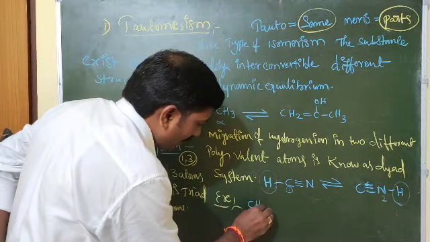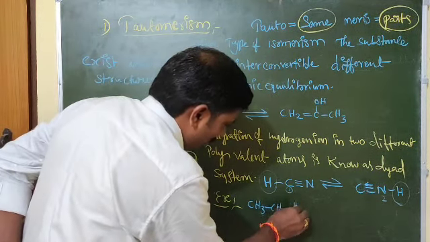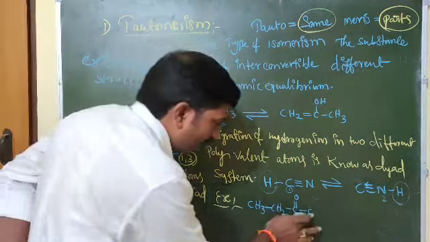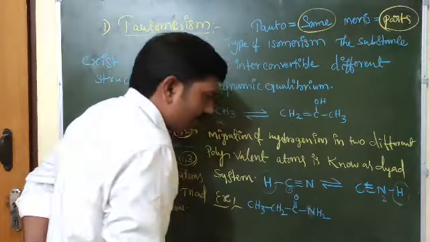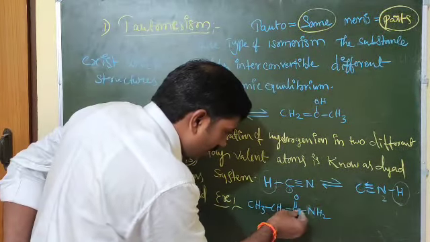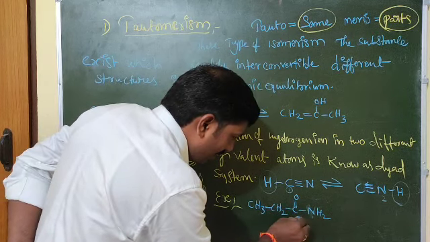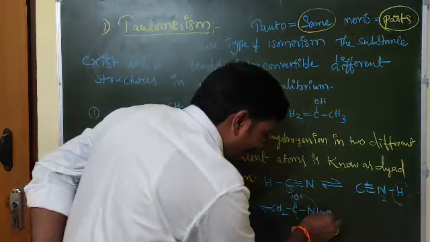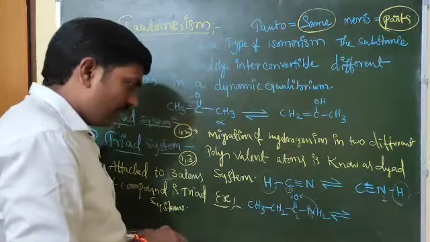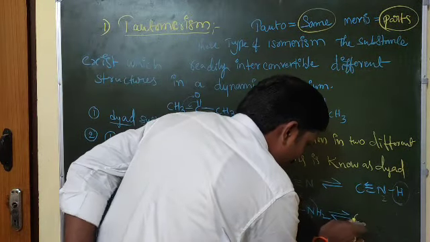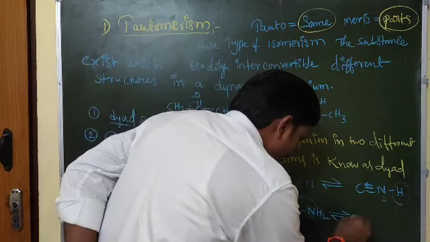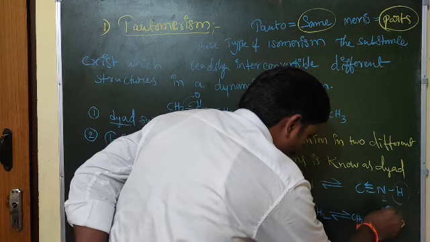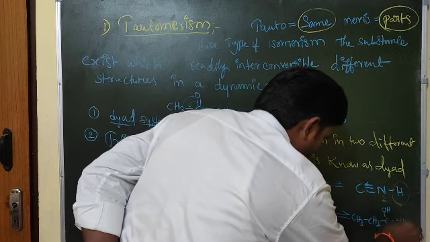For an example of the triad system, we will take CH3 CH2 C double bond O, NH2, an amide. Here this is one atom, this is two, this is the third atom. The hydrogen moves here, so the keto form changes into the enol form: CH3 CH2 C, OH, double bond NH.